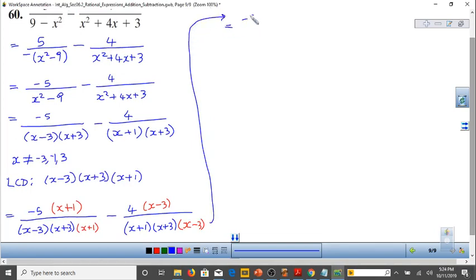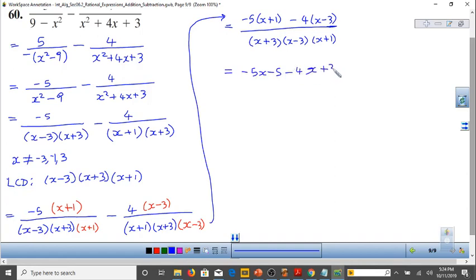So we have negative 5 times x plus 1 minus 4 times x minus 3, divided by x plus 3, x minus 3, and x plus 1. We distribute the parentheses, and we get negative 5x minus 5 minus 4x plus 12, I said plus 3 but it's plus 12.